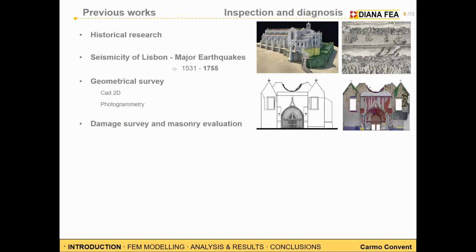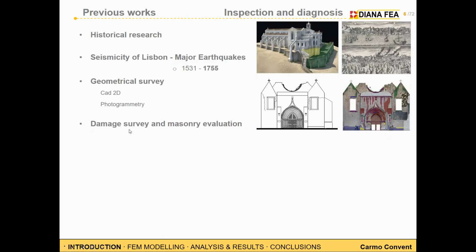As previous work, in order to understand the destruction and be aware of the complexity of the geometry, we performed a photogrammetry and many drawings in order to have a kind of plan where to start to model in Diana environment.